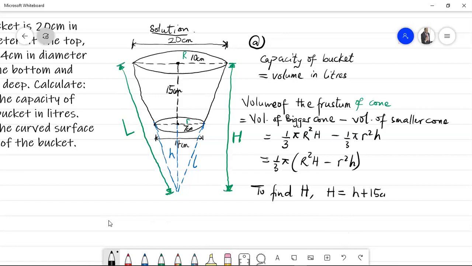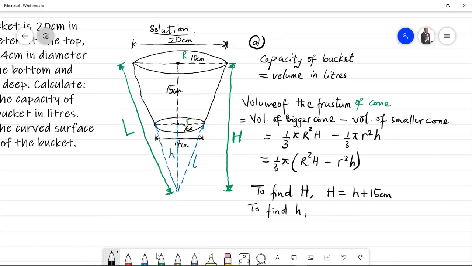Take a look at the diagram: big H is everything here. So small h plus 15 should give the entire big H, the big height of the big cone. So calculating small h is our job now. And how do we calculate small h? That is the next thing to find.